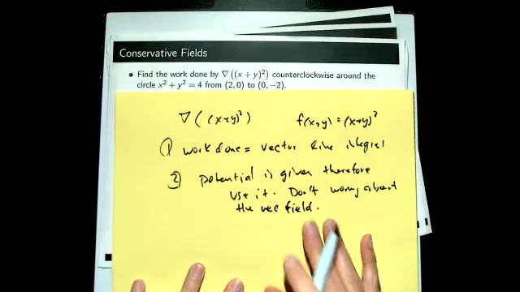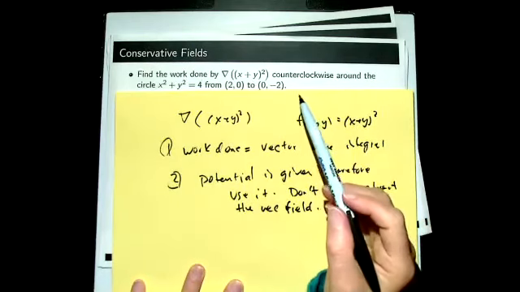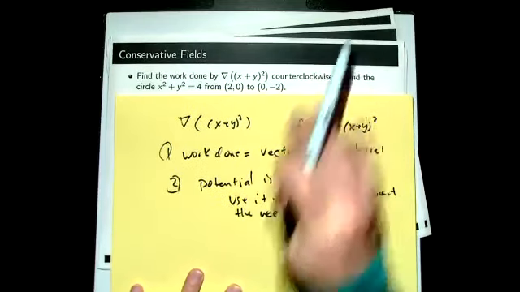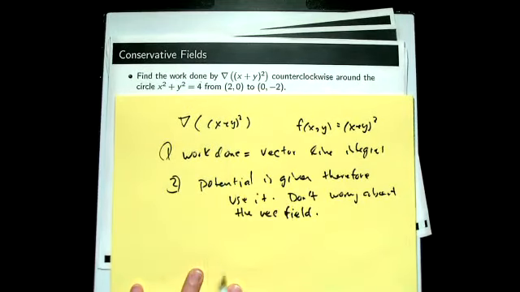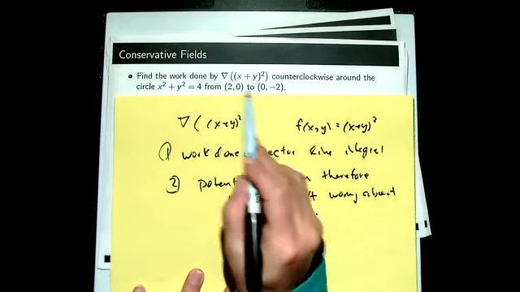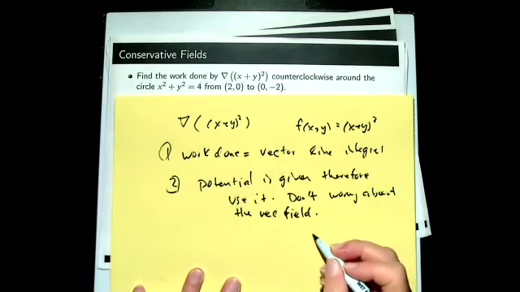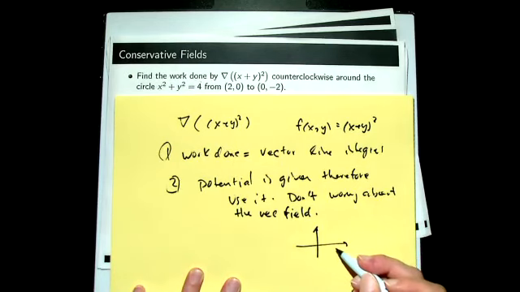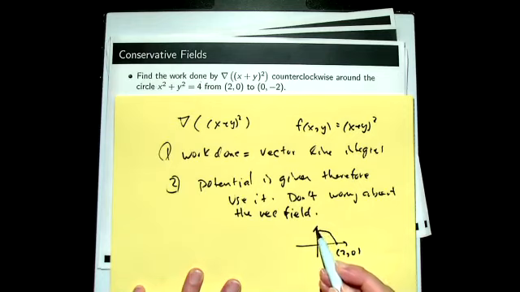Okay, so now here, find the work done by the gradient vector counterclockwise. There's a circle given to me. It goes from 2 and 0 to 0 and negative 2, not here, but here, down there.